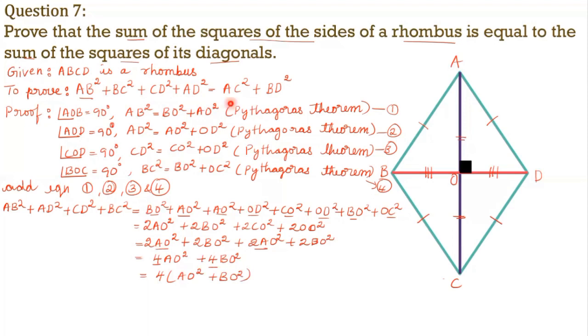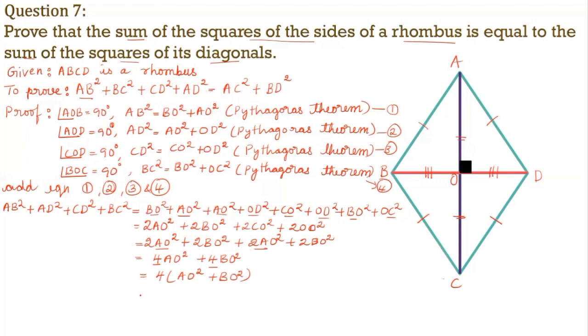Now we want AC and BD on the right hand side, but here we have AO and BO. We can convert AO to AC because AO is half of AC and BO is half of BD.